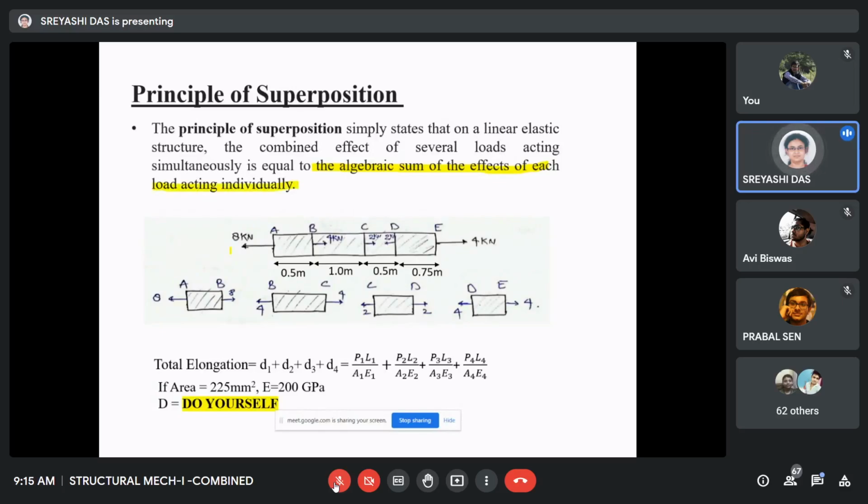So this principle of superposition is very important. It will help us find the resultant shear force bending moment diagram also.